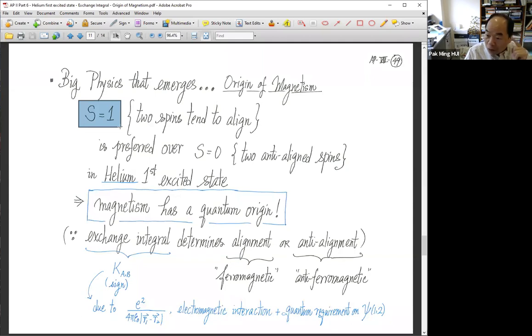And that is the first hint in the history of mankind that magnetism, or the origin of magnetism, actually comes from this kind of exchange Coulomb integral.